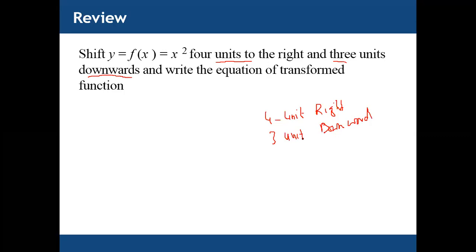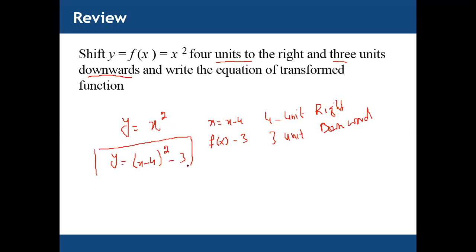If we have the parent function y equals x square, for the right side, replace x with x minus 4, and for downward, add minus 3 to the function. So y equals x minus 4 whole square minus 3, which shifts 4 units to the right side and 3 units downward.